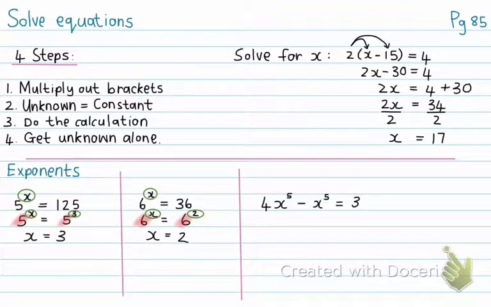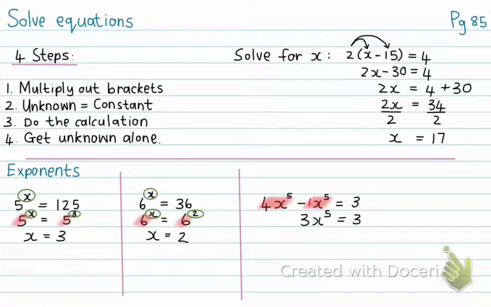Now remember we said you don't have to write the 1, but if there's nothing in front of that variable, there's a 1. Okay, so these 2 terms, they are like terms. So I can subtract them. 4x to the power of 5 minus 1x to the power of 5 gives me 3x to the power of 5. Keep the rest of your equation.